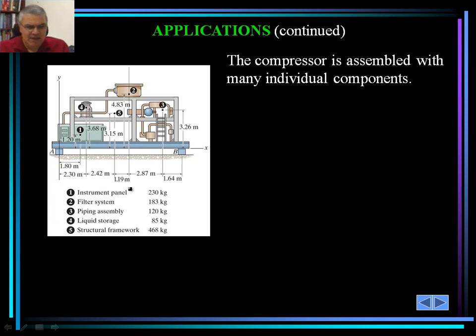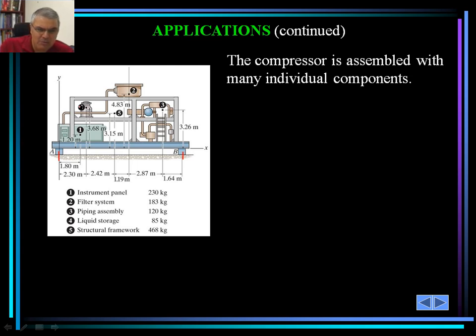Other applications: let's say you have a machine, as shown here, that rests on supports A and B. This could be a compressor. The compressor, of course, consists of many individual components. These are the supports A and B that I just referred to. So we have a variety of components. We numbered them here: component 1, component 2, component 3, component 4, component 5, and each of these components has its own center of gravity.